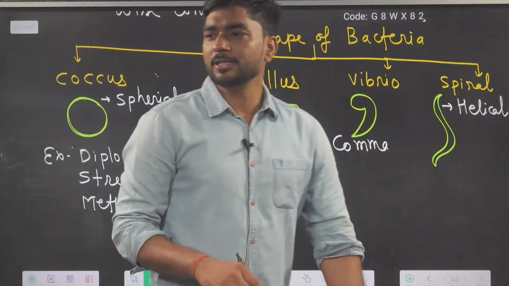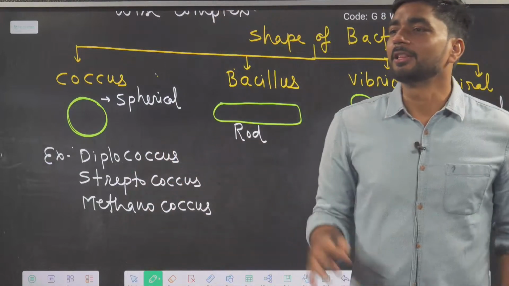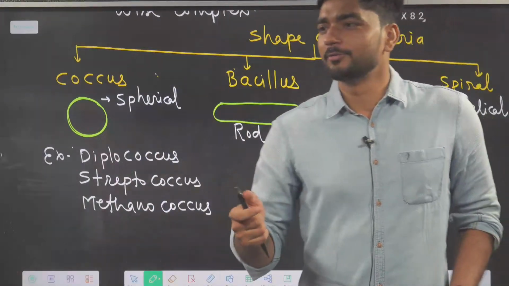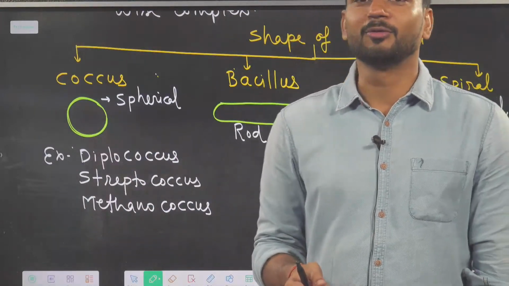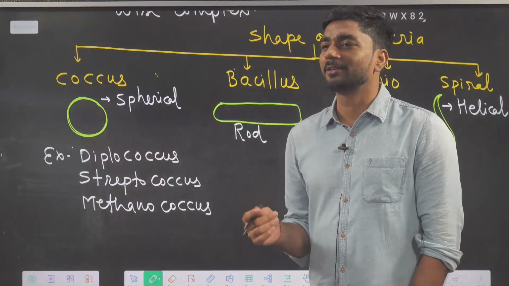Okay. Now just tell me something about Bacillus, the best example which can convert Palu into Pergu. That's great.